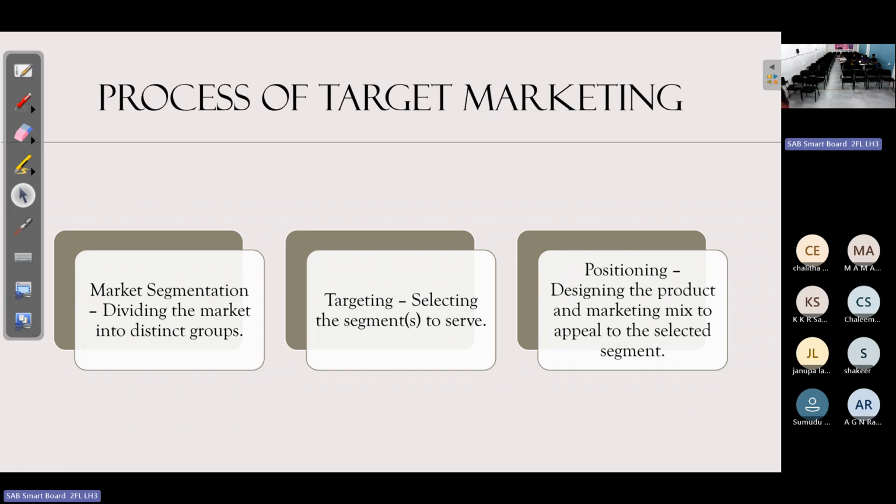Here the meanings are given. You can just write down this one, positioning.